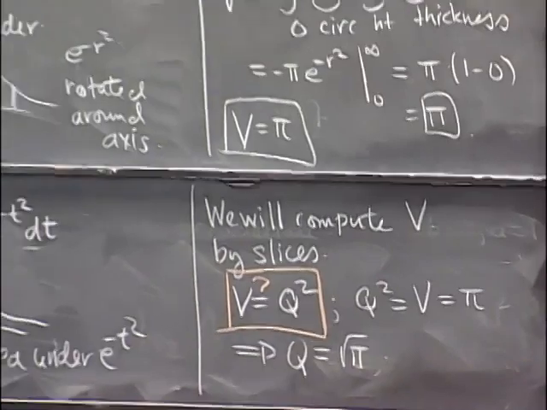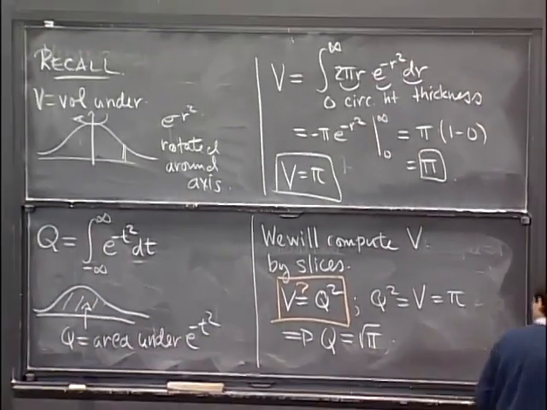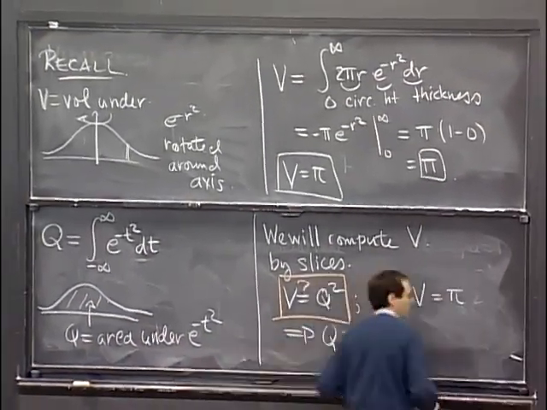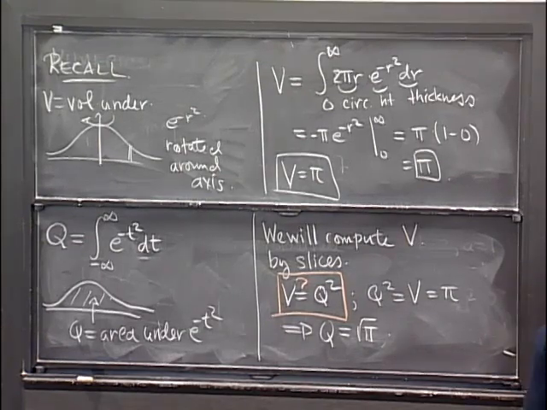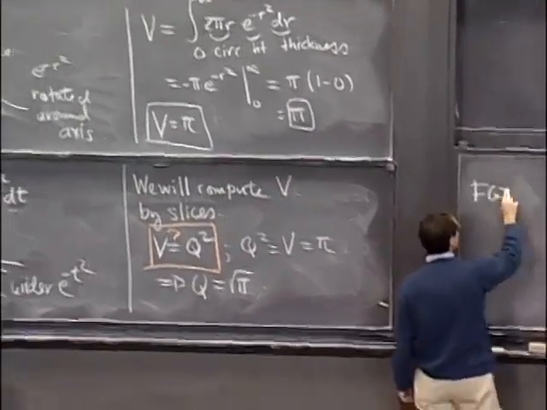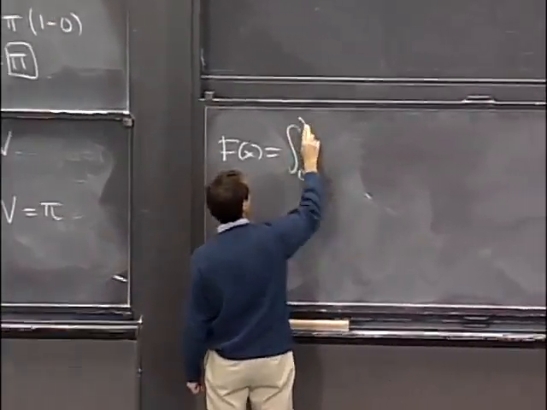Now let me connect this with what we did a few days ago with what I called one of the important functions of mathematics besides the ones you already know. And so the function that we were faced with and that we discussed was this one.